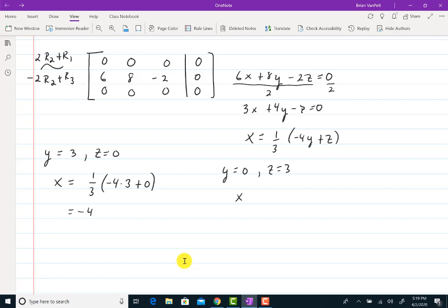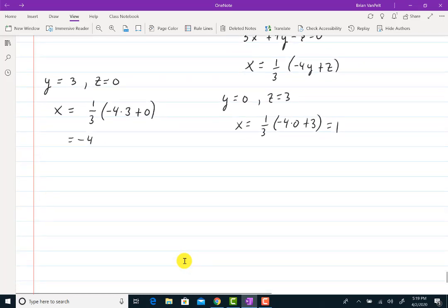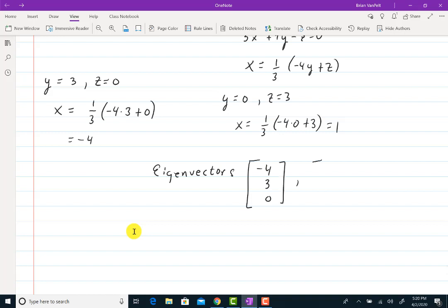And if I do that, x will equal 1/3 (negative 4 times 0 plus 3). I'll get x is equal to 1. So my eigenvectors, I should say eigenvectors because we do get 2 of them. In the first instance here, I get negative 4, 3, 0. And then over here, I get 1, 0, 3.